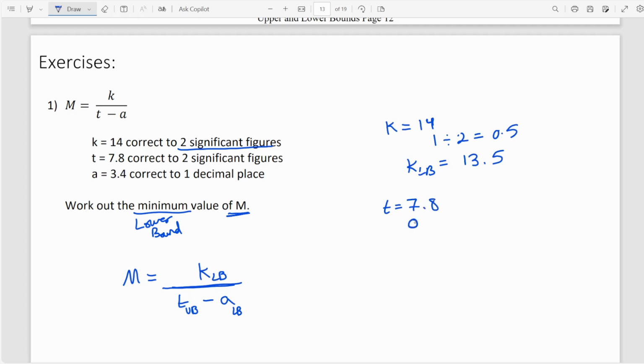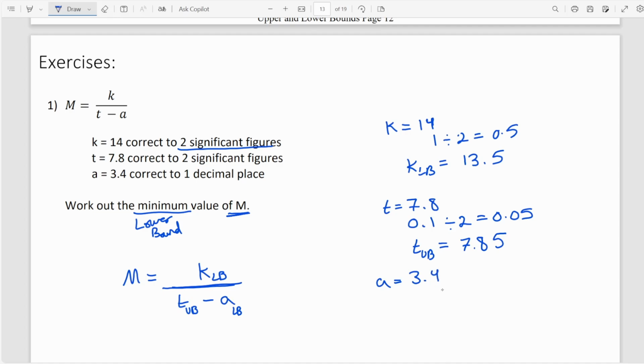The unit of round will be 0.1. Dividing this by 2 gives us 0.05. And so our T upper bound is 7.85.